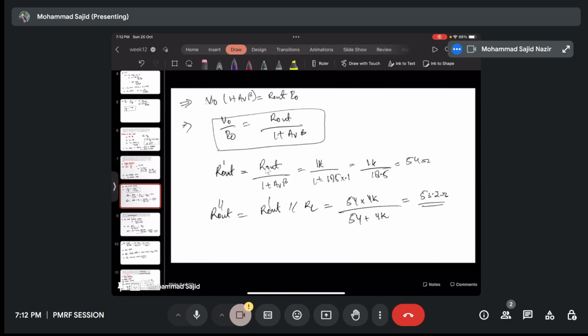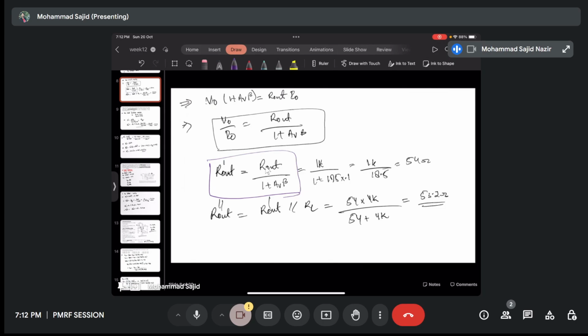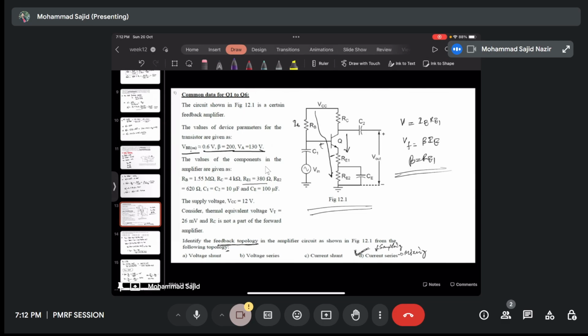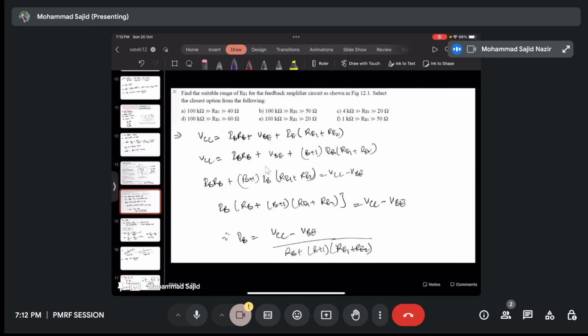Like here you get output resistance which gets reduced. You should know already, before going to the conclusion, whether it should get reduced or increased. Also, this was important: which type of feedback is this? You are seeing here the current flows because it is in series, so it is current sampling, and it's a series mixing because it's a voltage mix up. If it was a shunt, it would have been shunt.